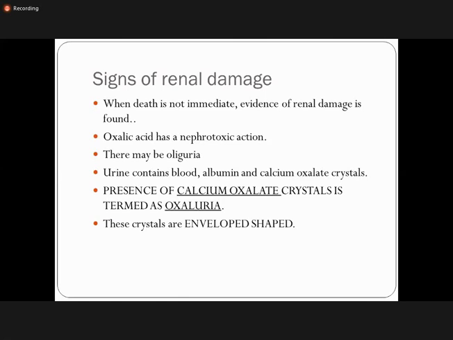So let's suppose you come across an exam question that says that the patient has ingested some unknown poison, and upon examination of his urine, you can see some envelope-shaped crystals. What is the possible diagnosis? You can go for oxalic acid poisoning because calcium oxalate crystals are envelope shaped, right?